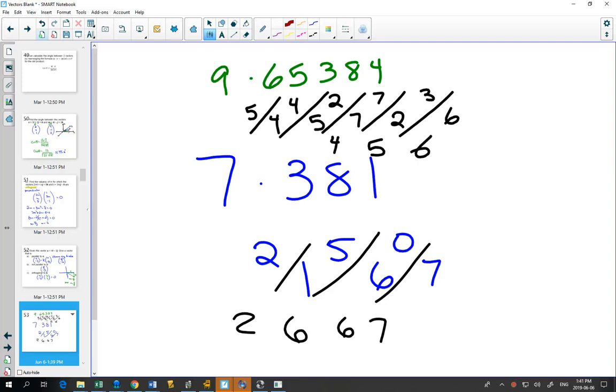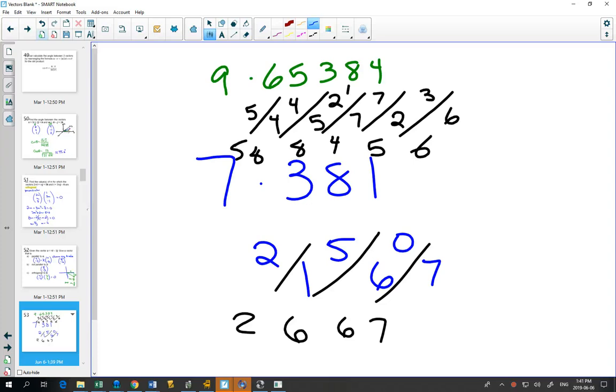Uh-oh, 14. I'll just add 1 over here. 8, 8, 5. 588,456. Is that 9 times 65,384? Test with the calculator. Yes. There we go. Now you know your 381 times table up till 10.